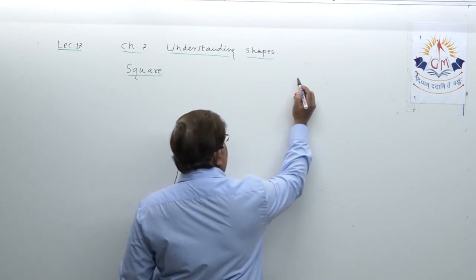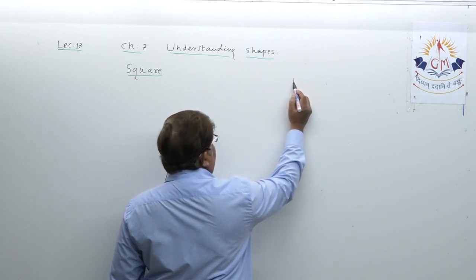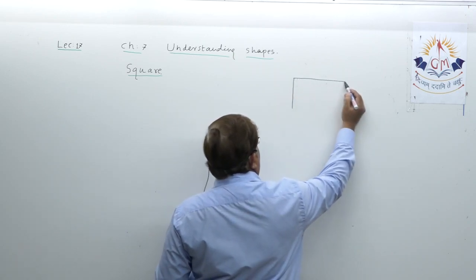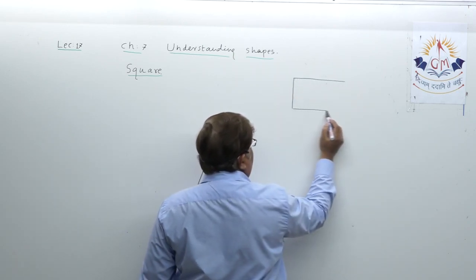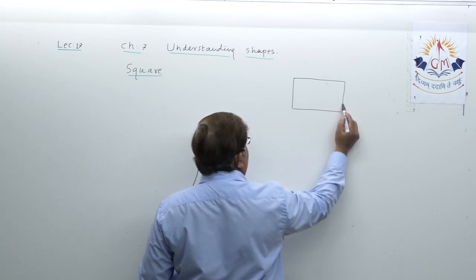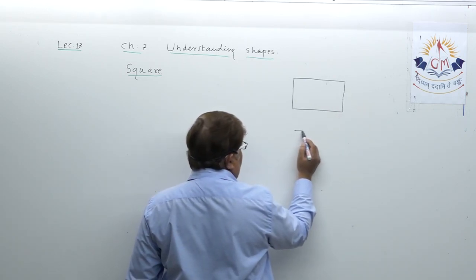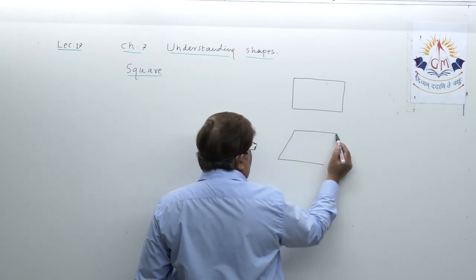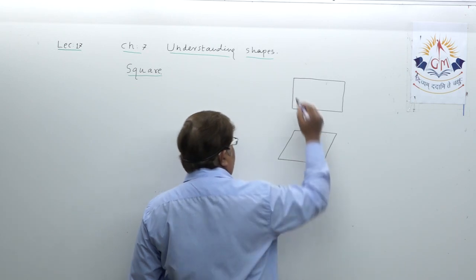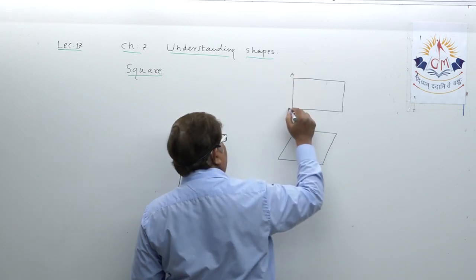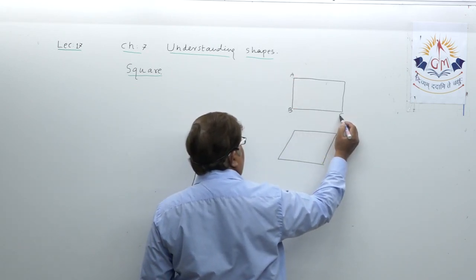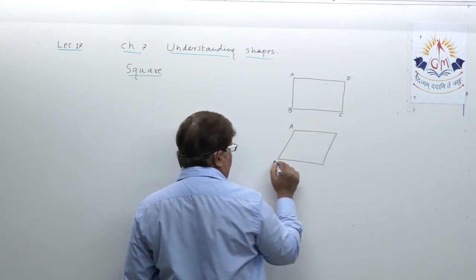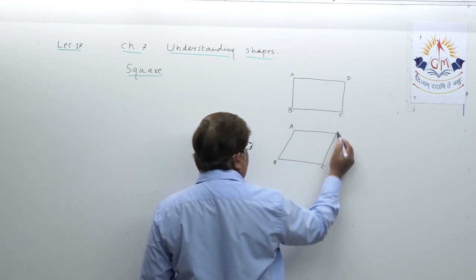First, let me draw a rectangle. Suppose this is a rectangle and suppose this is a rhombus. This is a rectangle ABCD. This is a rhombus ABCD.